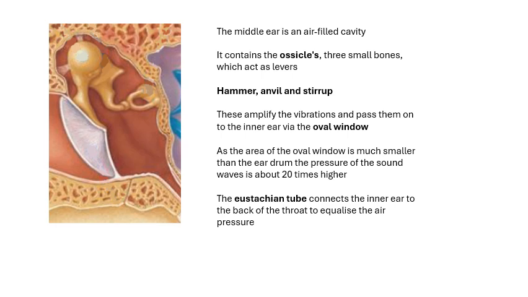What they do is amplify the vibrations and pass them on to the inner ear via something called the oval window. So the stirrup over here joins onto the oval window, which passes the vibrations onto the cochlea.